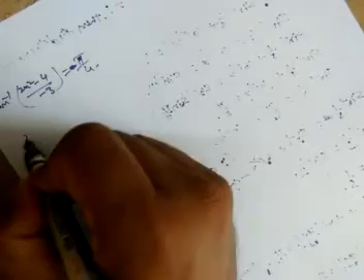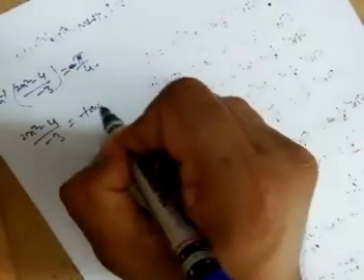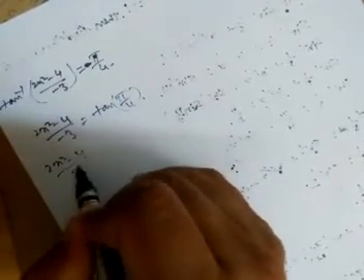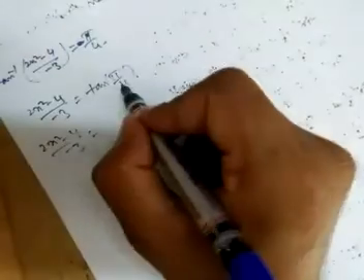Now we transpose this tan inverse value to the RHS. Then it becomes 2x square minus 4 by minus 3 equals tan of pi by 4. Now 2x square minus 4 by minus 3 equals tan 45, that is 1.